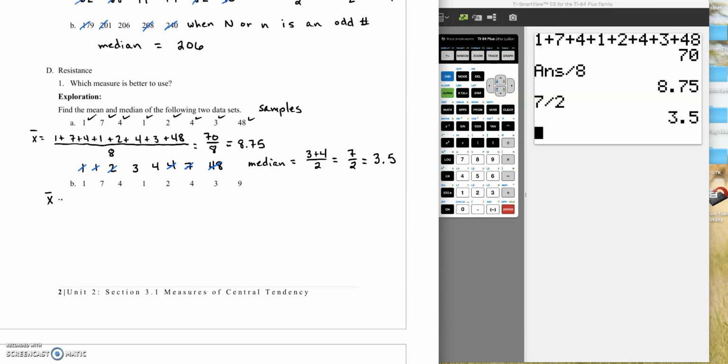So we have X bar is 1 plus 7 plus 4 plus 1 plus 2 plus 4 plus 3 plus 9 all over 8.